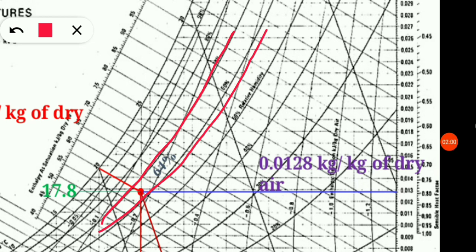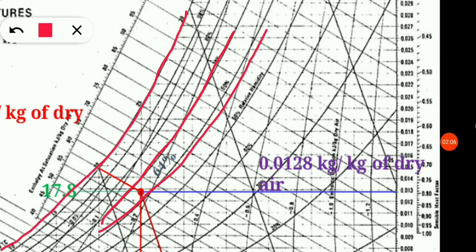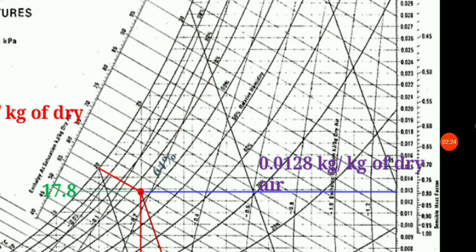As you all know, the 100% saturation curve shows us the 100% relative humidity line, and it goes on decreasing as we move from the left to the right. So our point ranges between the 70 to 60% relative humidity lines, and it comes out to be approximately 64%. So for the given condition of room air, the relative humidity of air is 64%.